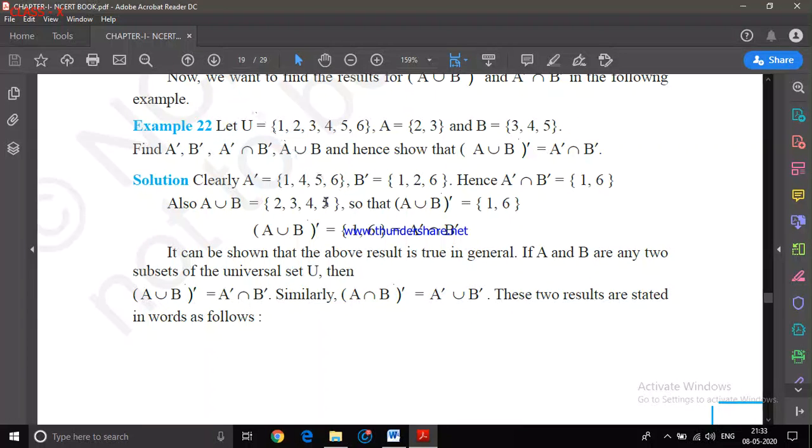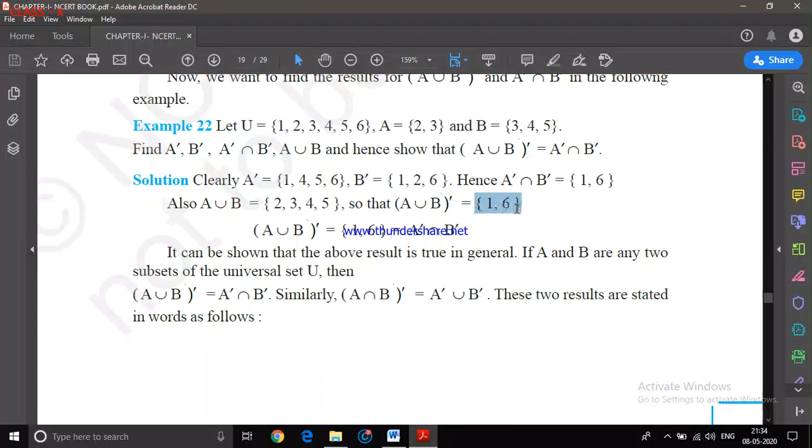A union B complement will have the elements from U which are not there in A union B. For example, A union B is 2, 3, 4, 5. Agree? Now, if I go for the universal set 1, 2, 3, 4, 5, 6, what are the elements which do not belong to A union B? Just 1 and 6. So A union B complement will be 1 and 6.